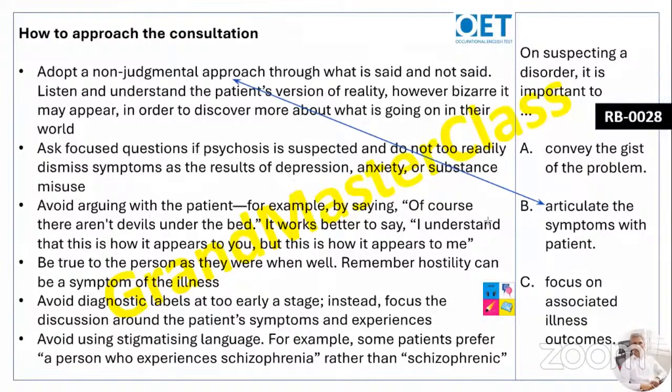The next one, symptoms. The patient's version of reality. He's telling his own version, what he feels like. What is going on in their world. Those are symptoms. Their world means the patient's world. Okay. So try to understand that one.